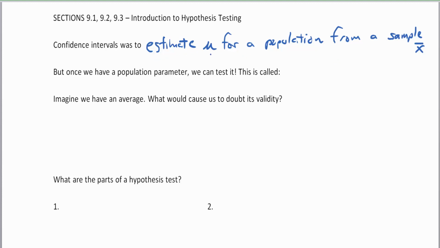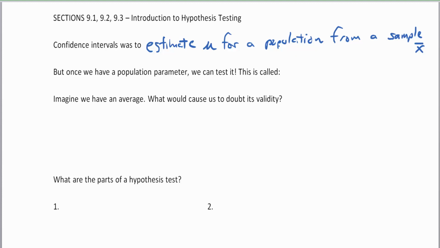Now, let's assume that we are happy with our average for the population, but since we created it using a confidence interval, we should probably test it, because that's the purpose of data and science, is to say, okay, we found this information, well, now let's make sure we can repeat this information so it's testable and valid.